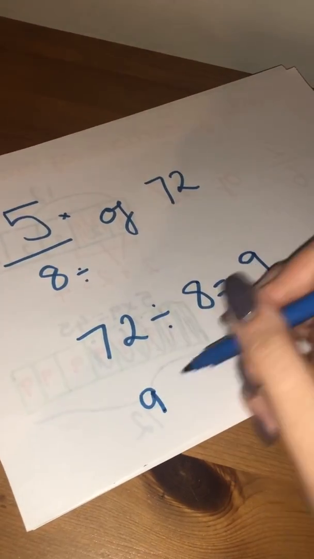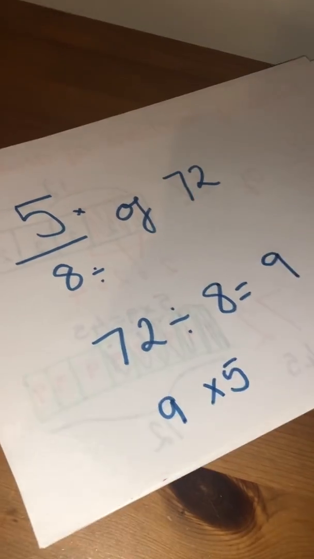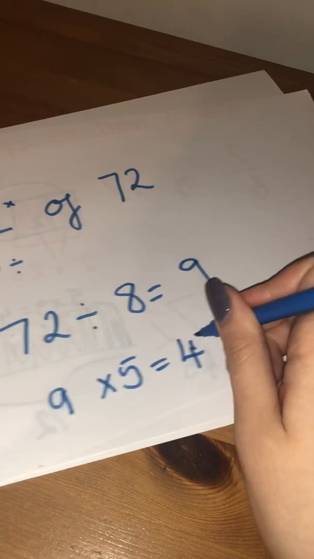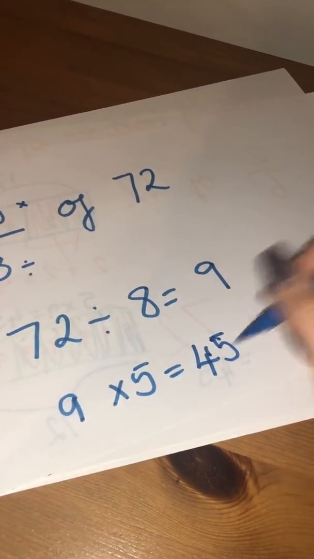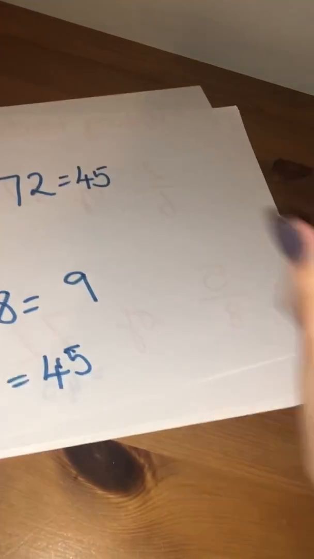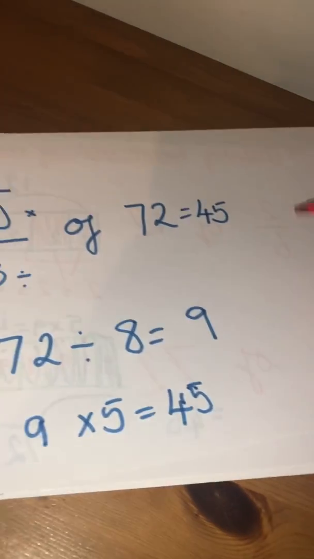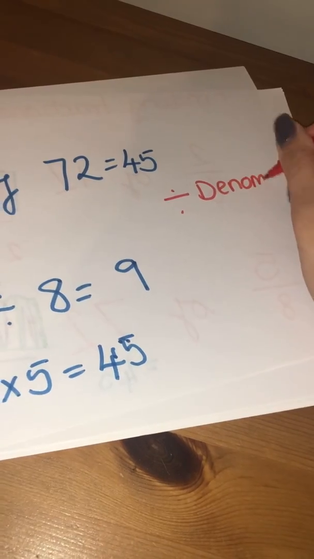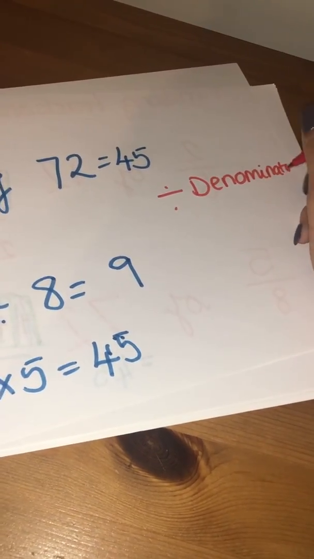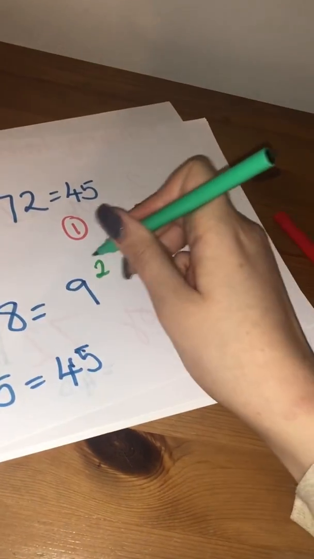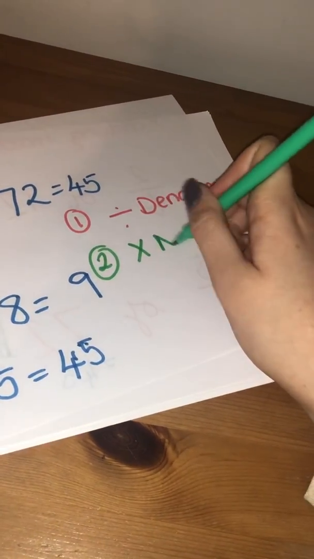It's going to be 9 times 5 equals 45. So 5/8 of 72 equals 45. We need to remember that we need to divide by the denominator, and that's the first thing. The second thing we need to do is multiply by the numerator.